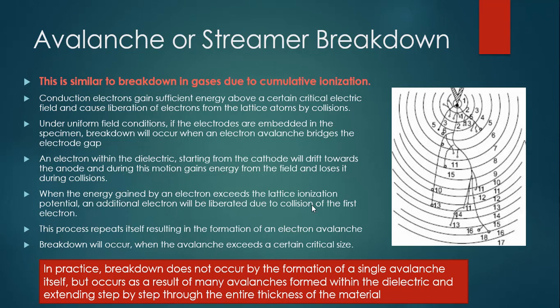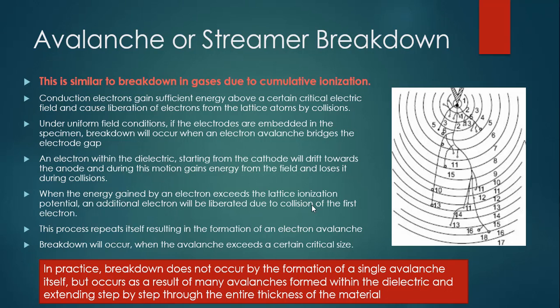Conduction electrons gain sufficient energy above a certain critical electric field and cause a liberation of electrons from the lattice atoms by collision. Under uniform field conditions, if the electrodes are embedded in the specimen, breakdown will occur when an electron avalanche bridges the electrode gap.